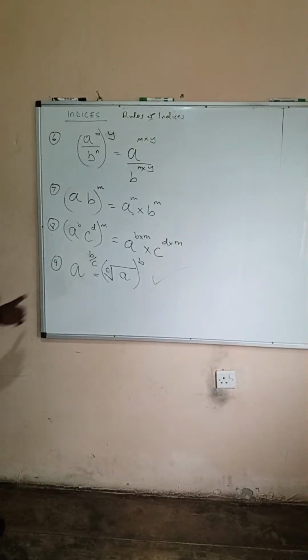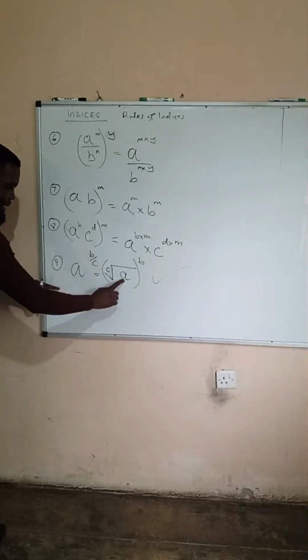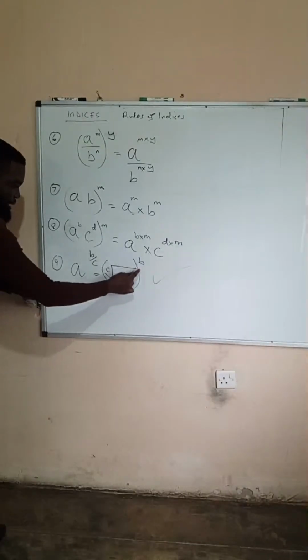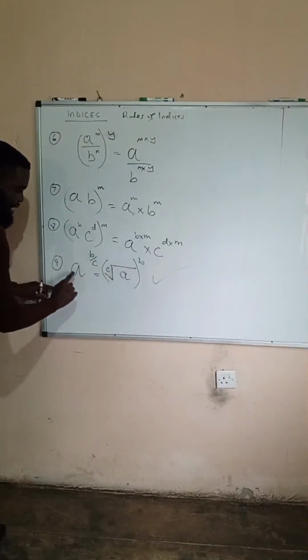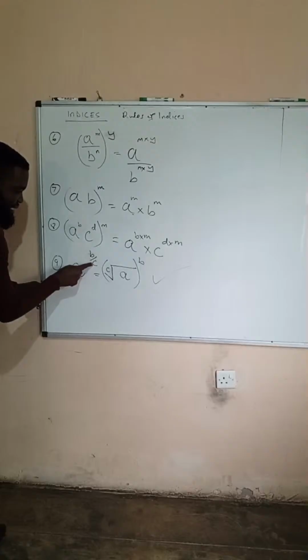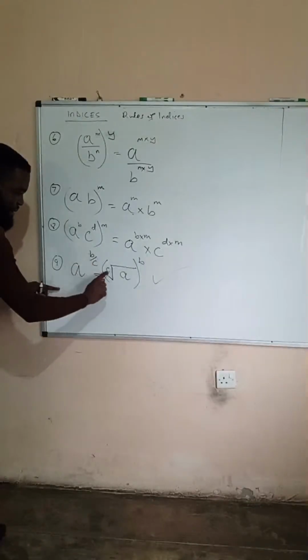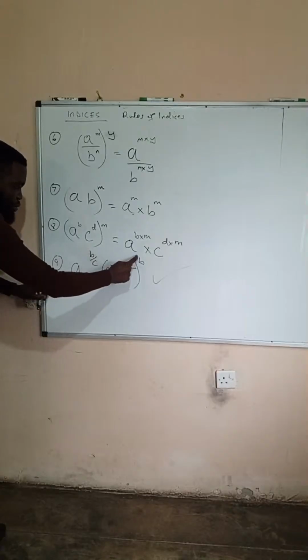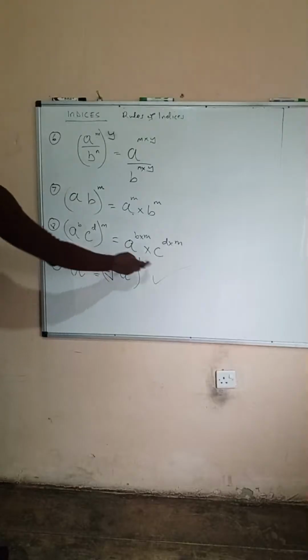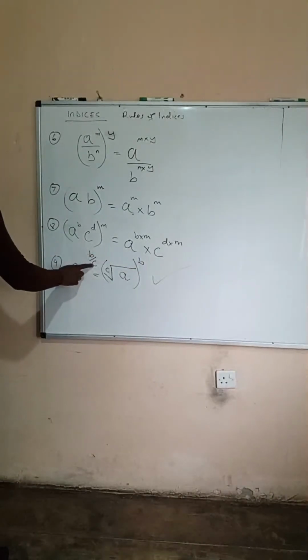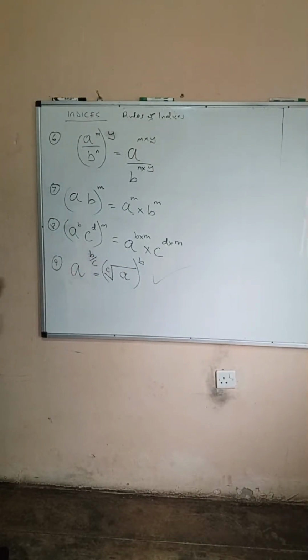So you put your a inside the root, then this number down will be the first number in front of the root, and the number on top will also be on top there. Just remember that, the number on top, I put it on top this side. The number down here, I put it in front. That's how you write it.